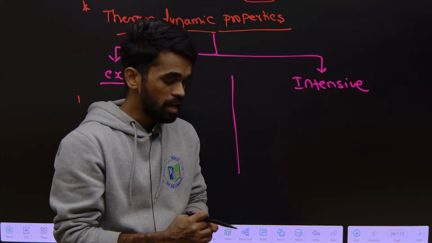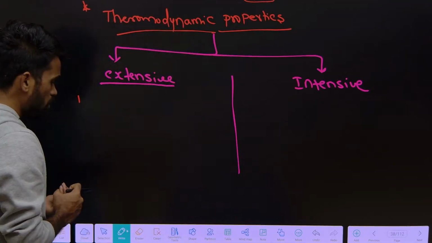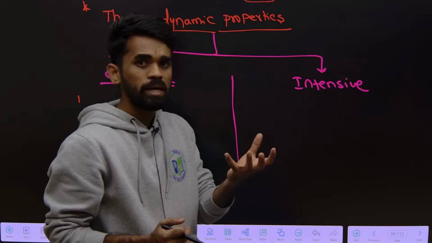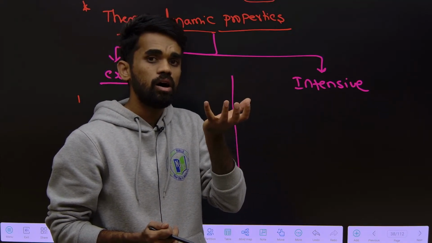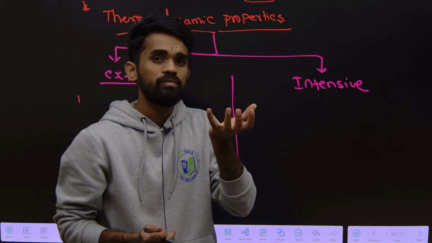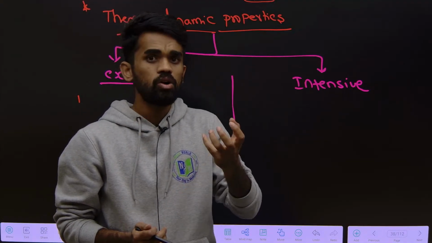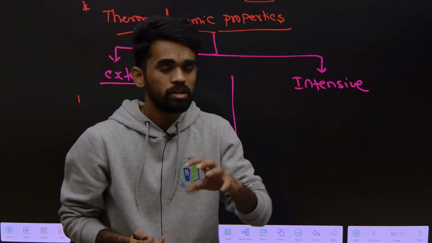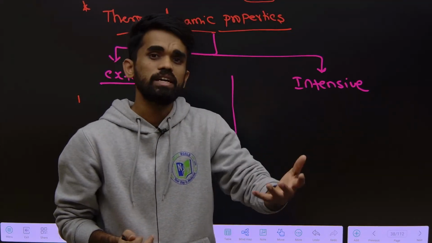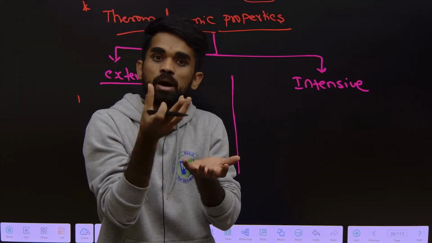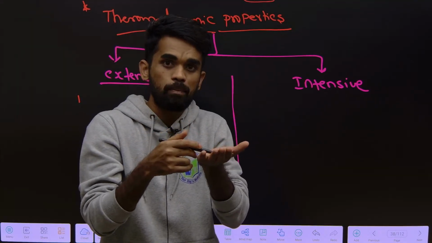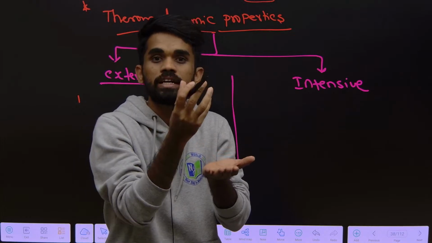For example, 5 apples will have a weight of 500 grams. If I take 10 apples, that might be around 1 kg. So here mass depends upon the quantity of apples. So I can say mass is a property which depends on the quantity of matter.